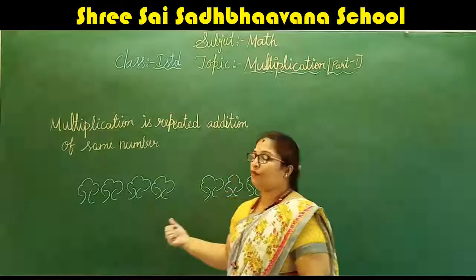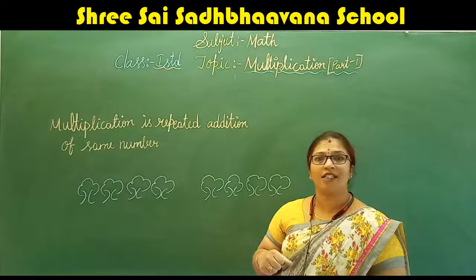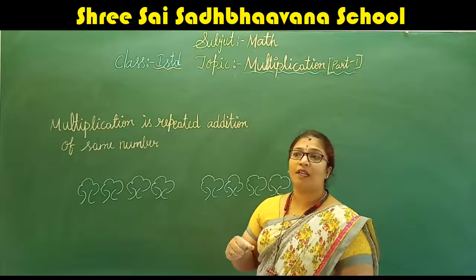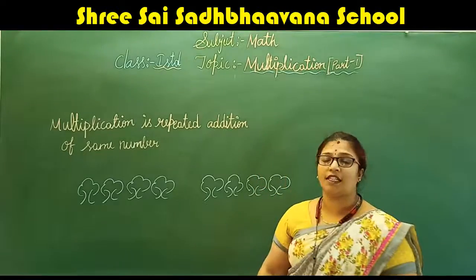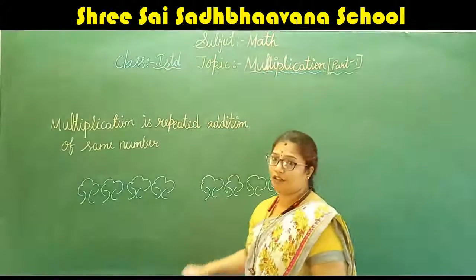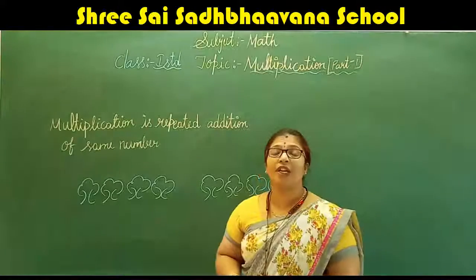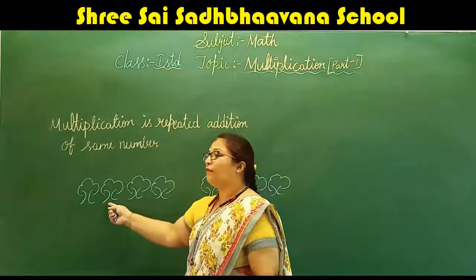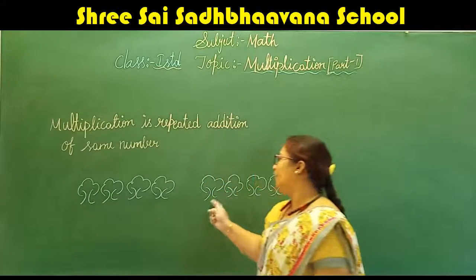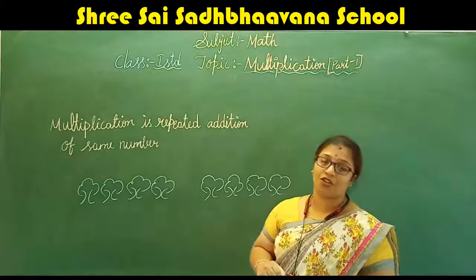Here it is 4 and here also it is 4. So how many did I take? 4 trees here and 4 trees here, in different groups. If we are doing addition, how would we do it? 1, 2, 3, 4, 5, 6, 7, 8.